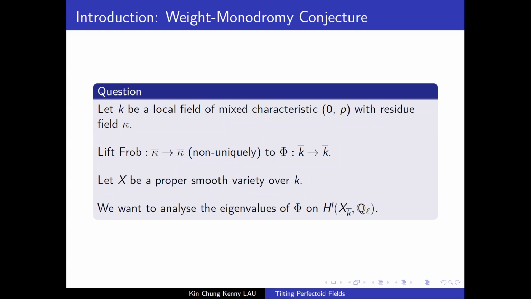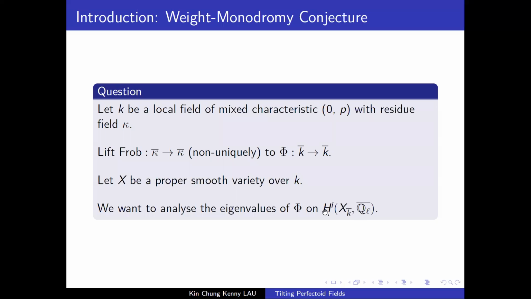Now we want to analyze the eigenvalues of this phi on this cohomology group, where you take the base change of X to the algebraic closure and take coefficients in Q_l bar. I assume this is étale cohomology; someone will correct me otherwise.